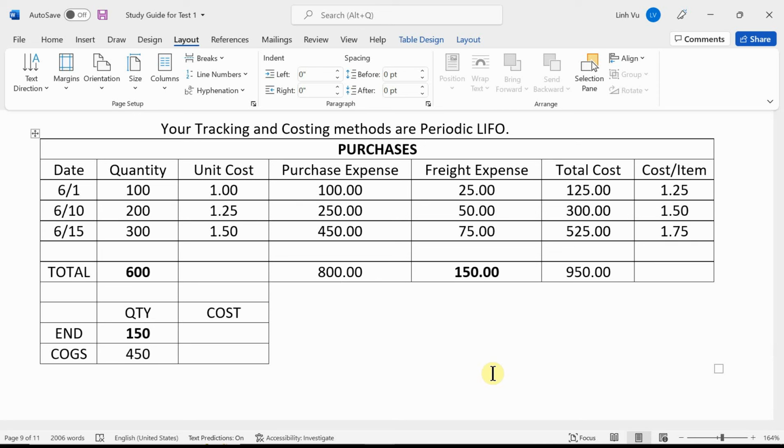The last batch on the 15th. So I'm going to get rid of my 300 units here at $1.75, which is going to give me a grand total of $525. Okay? I still need to sell 150 more units. So which batch of inventory am I going to take that out from?